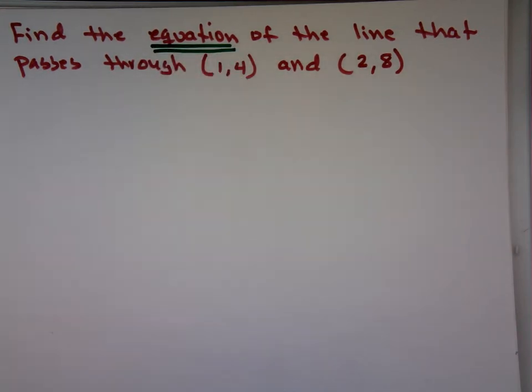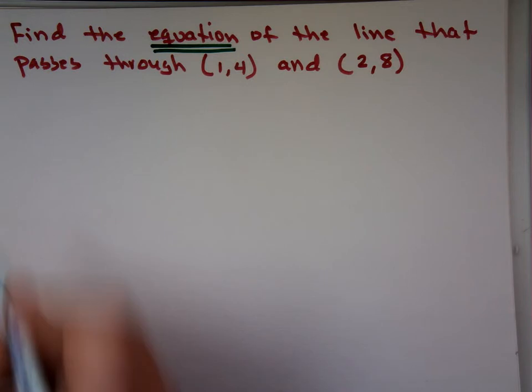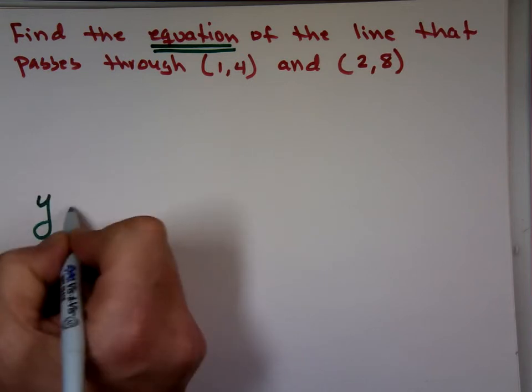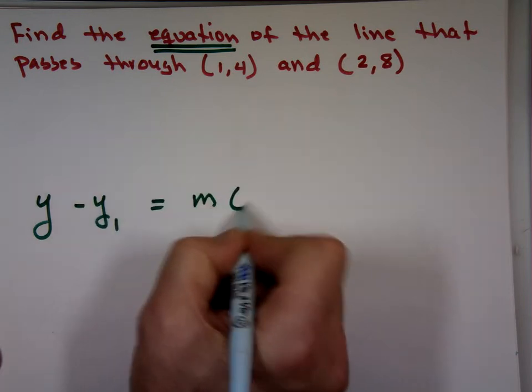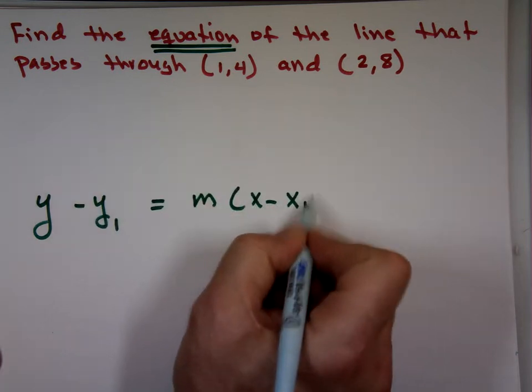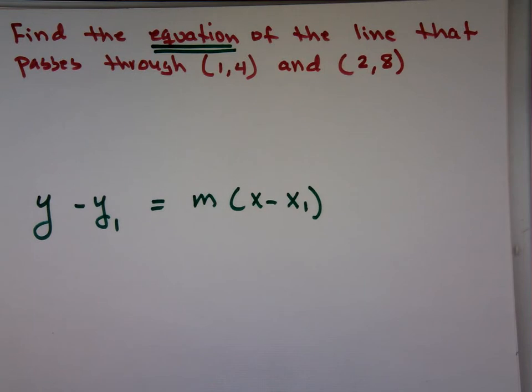Then I should be thinking immediately of using this one, y minus y sub 1 equals, I left a space for a reason, and to use that one, we said you need what? You need 1 point and the slope.